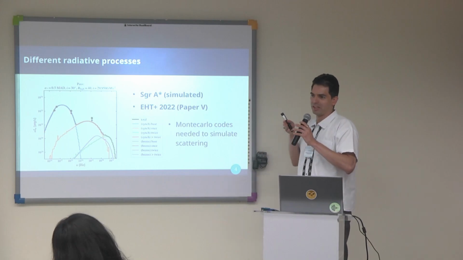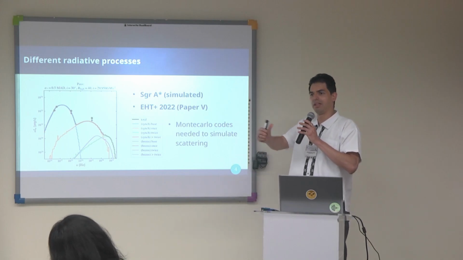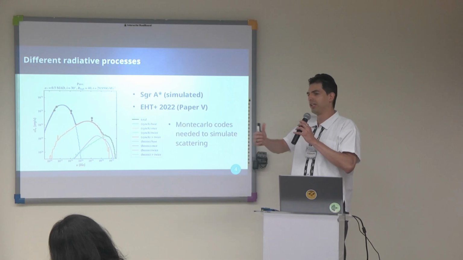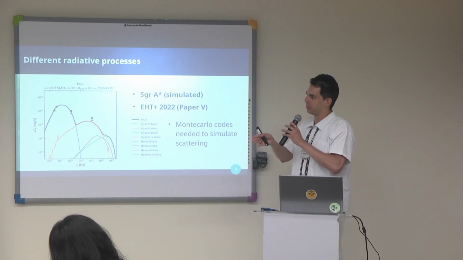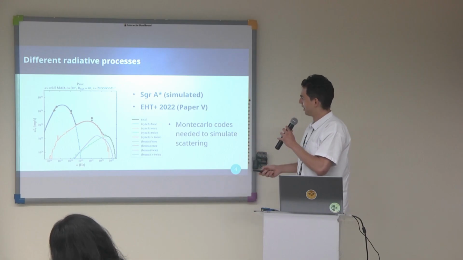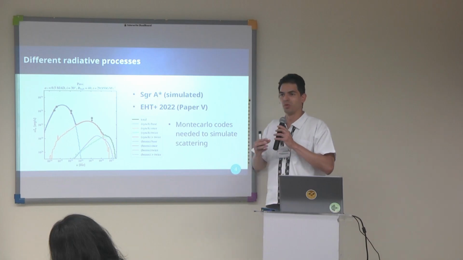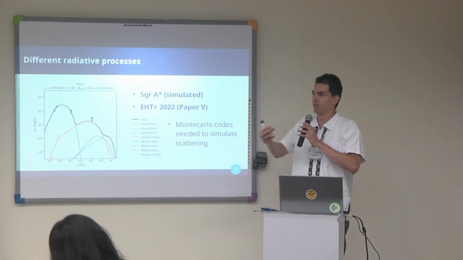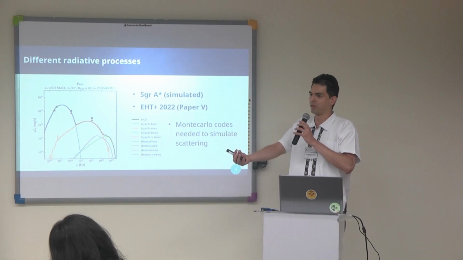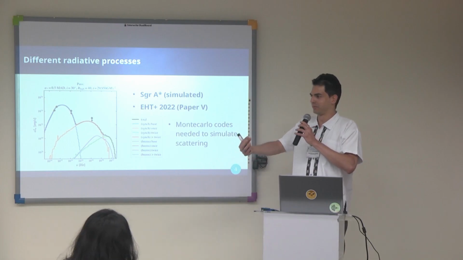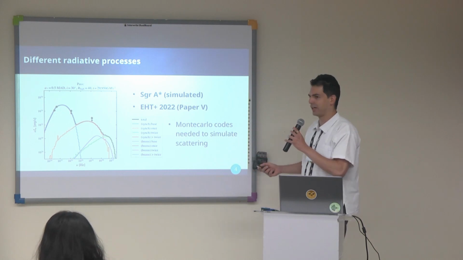Because well, radiation hits an atom, and then it will change its trajectory with some probability depending on how it hits the atom. So that's why for Monte Carlo codes it is not possible to do backwards ray tracing. So one has to integrate from the source, then well, simulate the scattering process using precisely the Monte Carlo method.